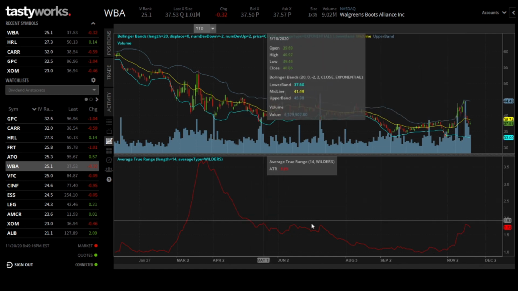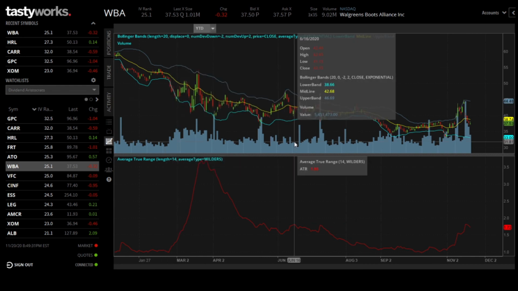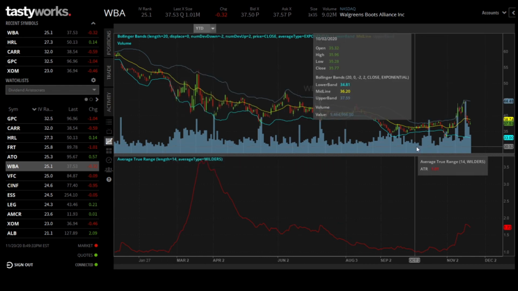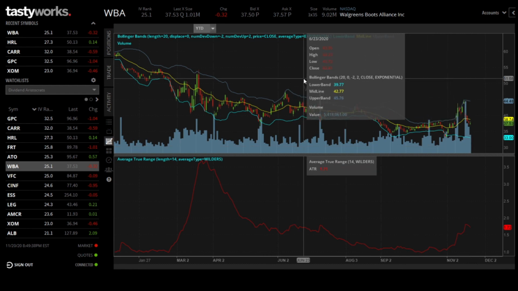To supplement it, you could use something called average true range to see how volatile things are, in addition to stuff like the VIX. My technical analysis isn't too crazy. Once in a blue moon, I might look at those Fibonacci retracements, just to see where other people might be thinking of placing their trades. But I'm not too crazy about that.